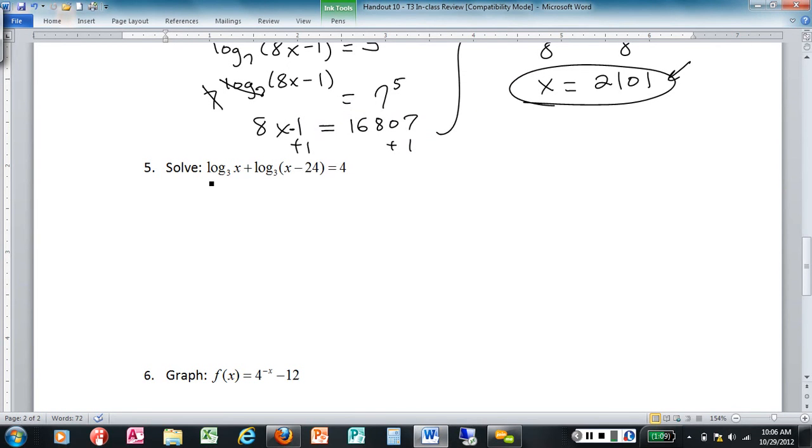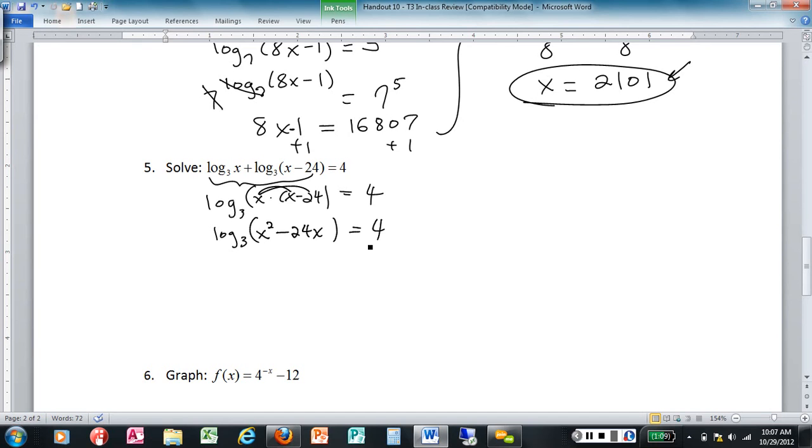To combine these into one logarithm, well, they're 2 logarithms added together, so I would do what to the insides? Multiply, wouldn't I? So these 2 logarithms on the left become 1 logarithm by multiplying the inside. So that would be the log base 3 of x squared minus 24x, because I wouldn't have to distribute the x there.